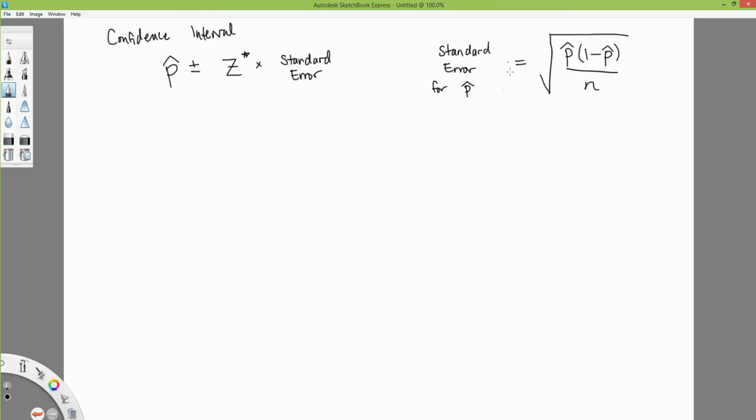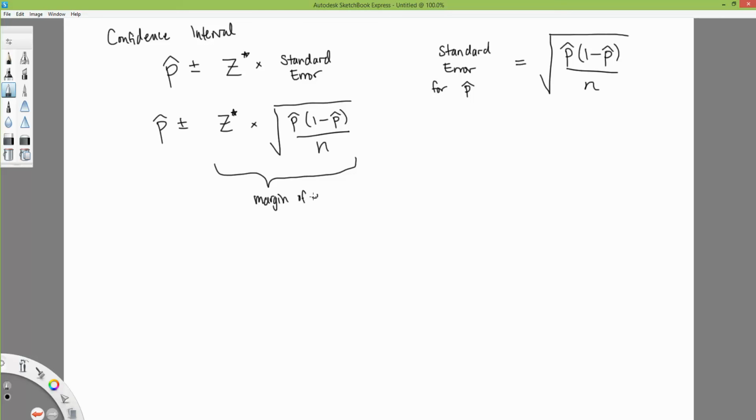Okay, so I'm going to just plug this thing back into our formula, and we have p hat plus or minus z star times the square root of p hat times 1 minus p hat over n. Okay, and again, this whole thing over here is known as the margin of error.